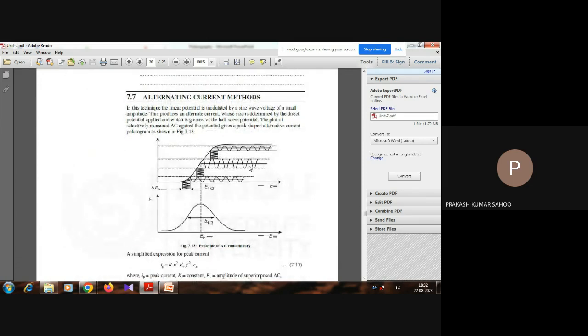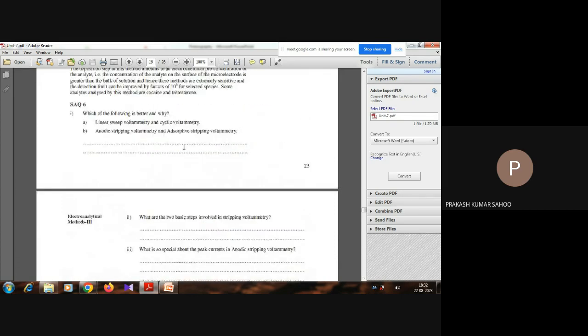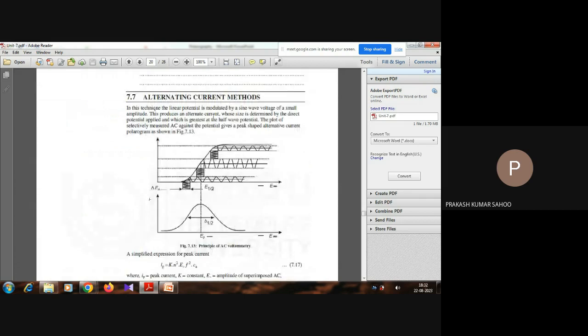So at the end we have alternating current methods. These were all direct current methods. We have AC methods. In this technique, the linear potential is modulated by a sine wave voltage of small amplitude. This produces an AC whose size is determined by the direct potential applied and which is greatest at the half-wave potential.